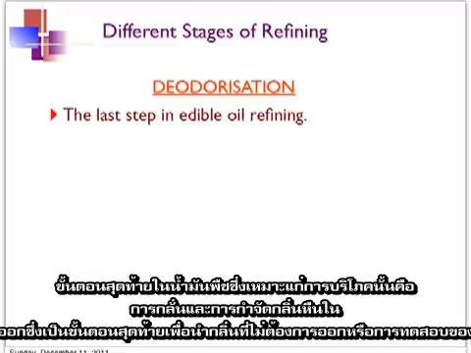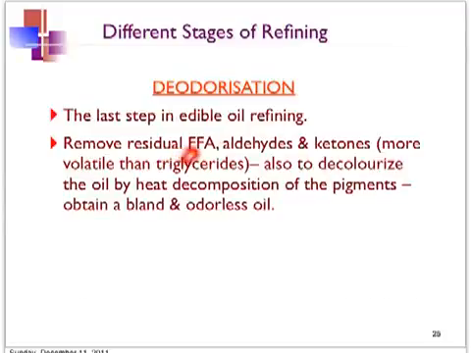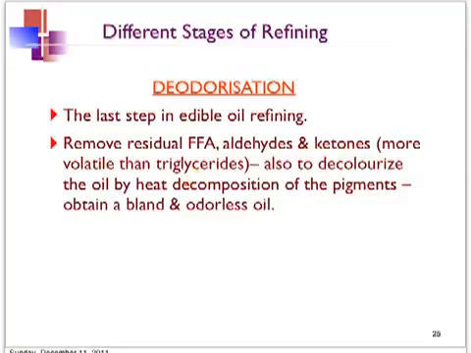The last step in edible oil refining is called deodorization. In alkaline refining, deodorization is the last step to remove any residual or traces of free fatty acids which may survive from the previous step, and also to remove aldehydes and ketones which are more volatile than the triglycerides of the oil.